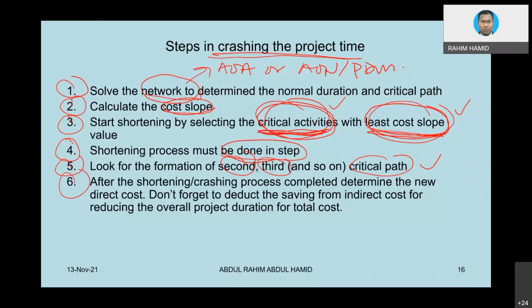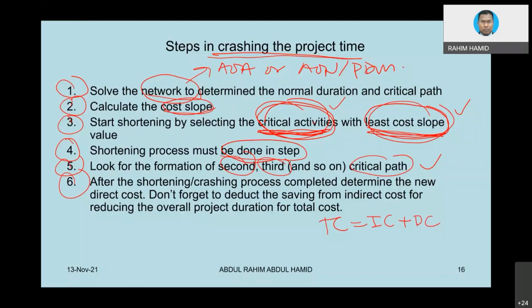Then after that, you are going to calculate total cost. Remember, total cost is equivalent to indirect cost plus direct cost. Indirect cost normally we associate with the fixed rate, like how much money you spend per month.